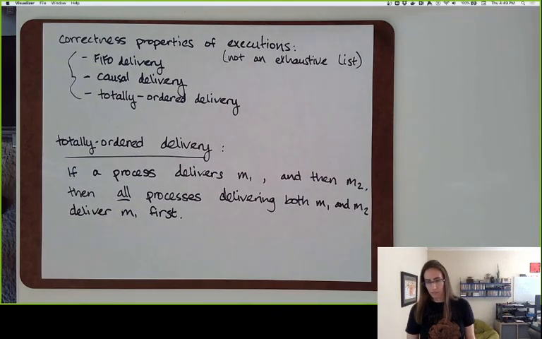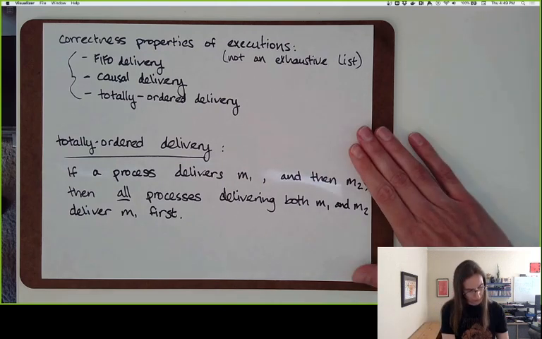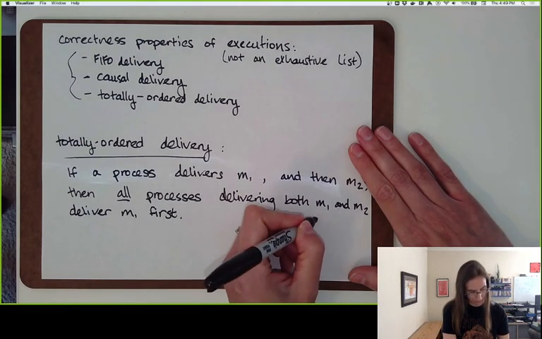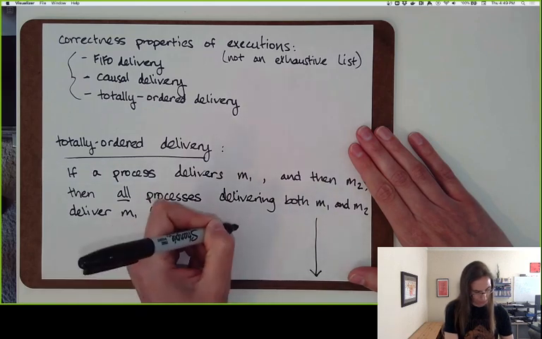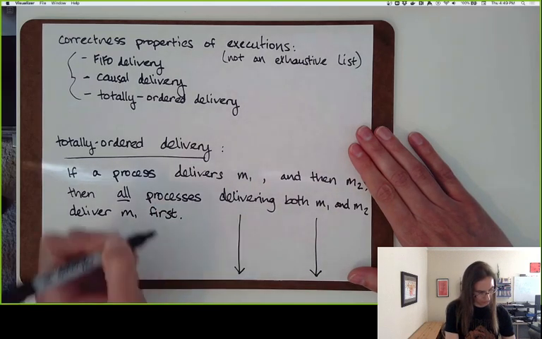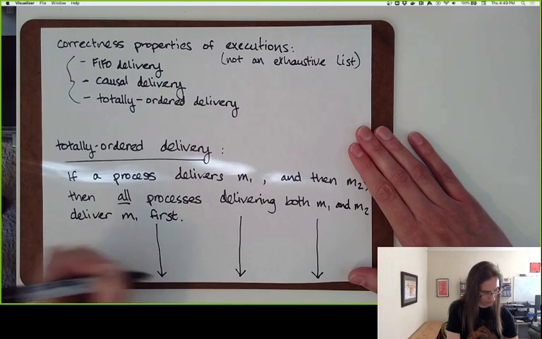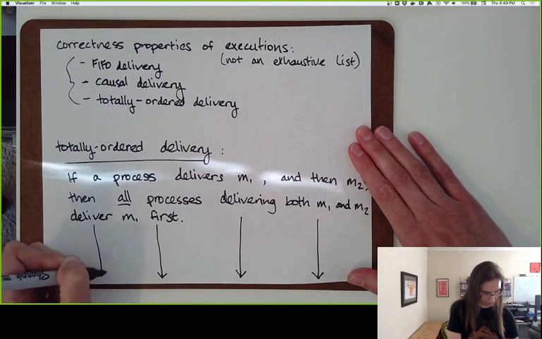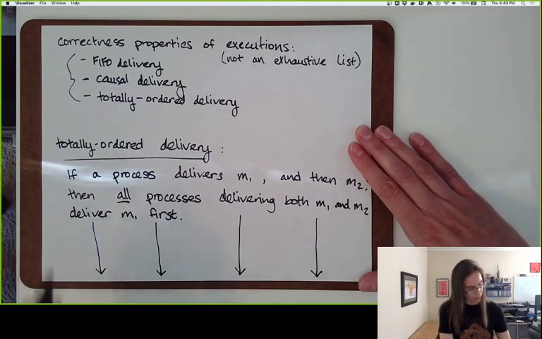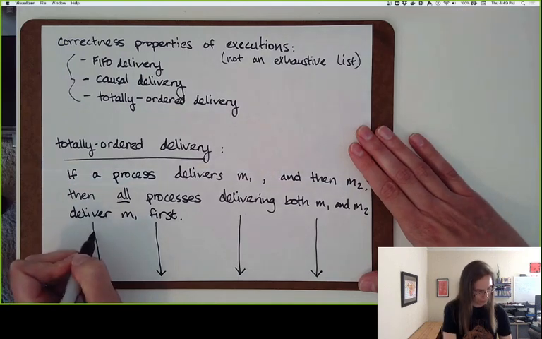What would it look like to violate totally ordered delivery? So here's an example. This one's going to involve 4 processes. So let's say that this process sends a message to these 2.